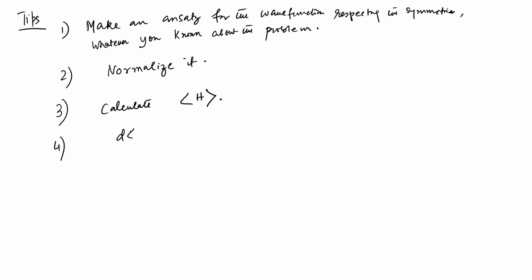So, calculate this dH by d alpha, put dH by d alpha equal to 0, and calculate alpha. So, this will give you a psi_0 trial which is a function of alpha.